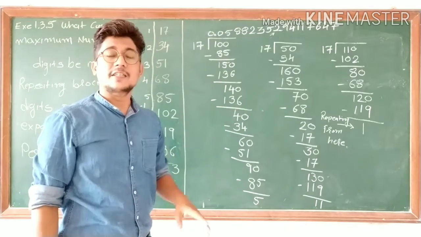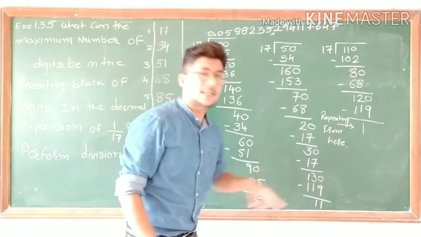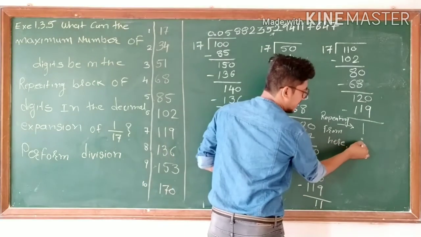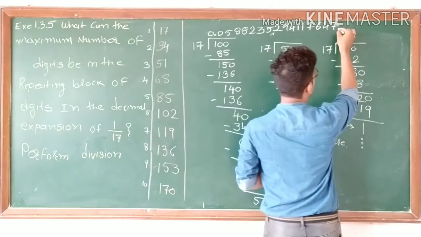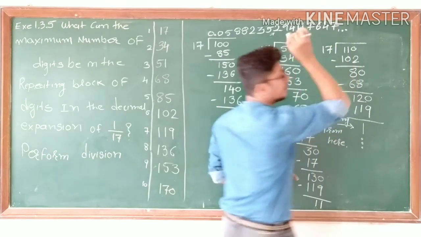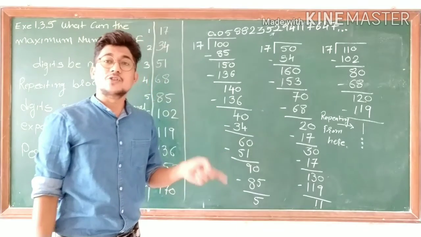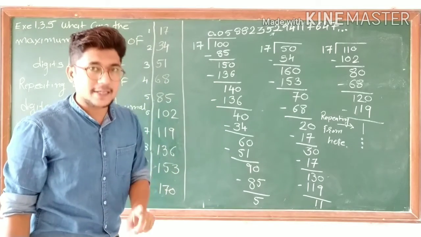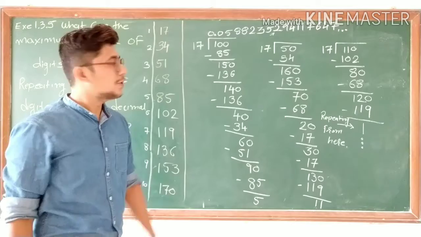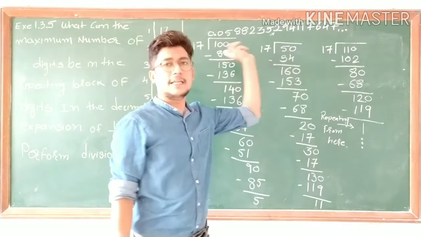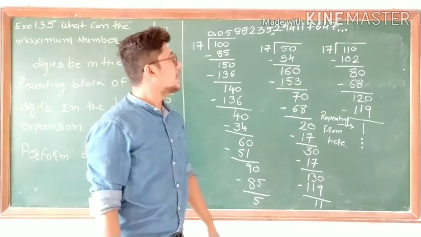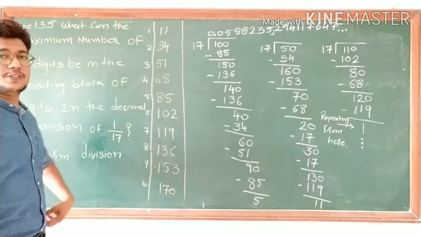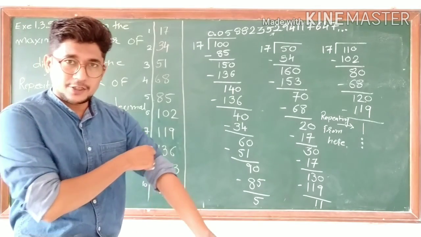So this division is non-terminating because still division is there. Yes or no? So this division is non-terminating, but it is repeating. Yes or no? Because after this point all the digits are repeating itself. So that is how you can solve this problem 1/70. Now we are pausing the video for the next problem.